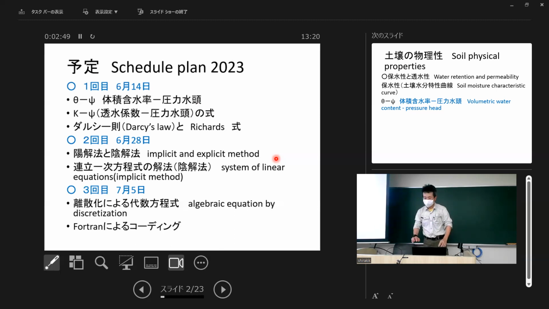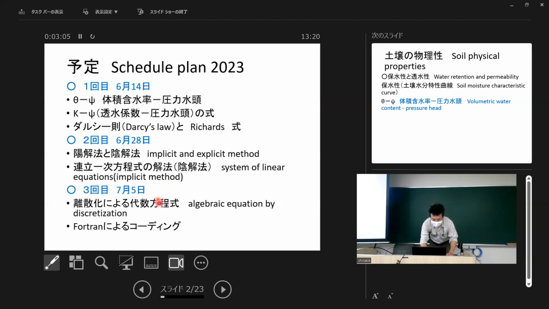So that's the second one. For the implicit method, we need to solve the linear equation. So that is very important and difficult. But that is the second class time.